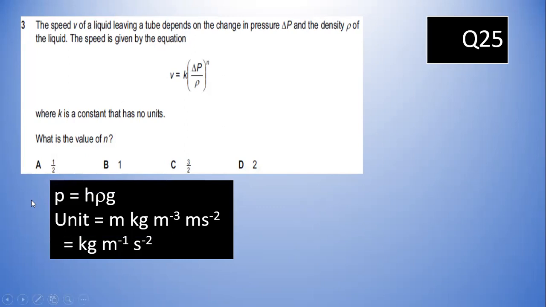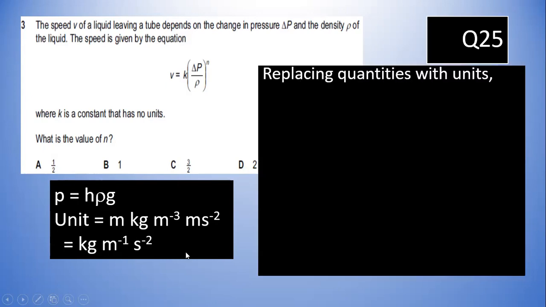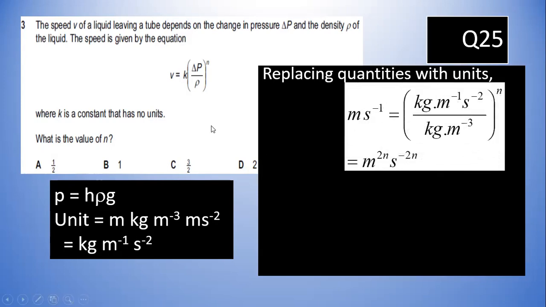Height, meter; density, kilogram meter^-3; acceleration, meter s^-2. Kilogram has power 1, meter is minus 1, and s^-2. Replacing the quantity with unit or dimension, same thing. That's your speed. K you can throw out, just a number, doesn't affect our calculation. And pressure, that's our pressure.